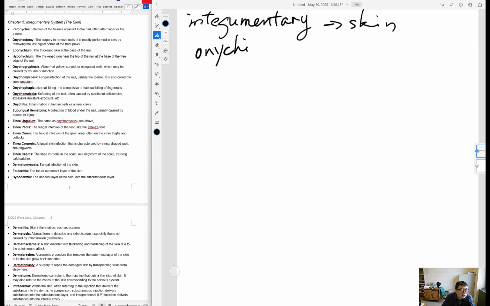Paronychia is the name, and then the tissue surrounding the nail becomes infected by fungi or bacteria, especially after injury.